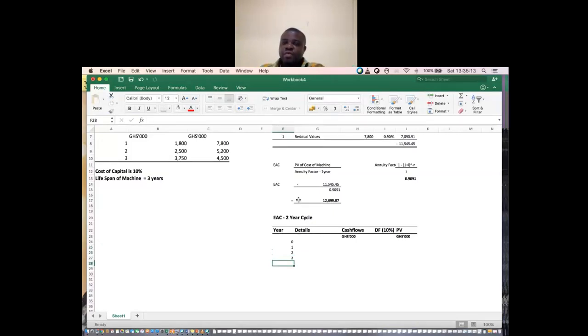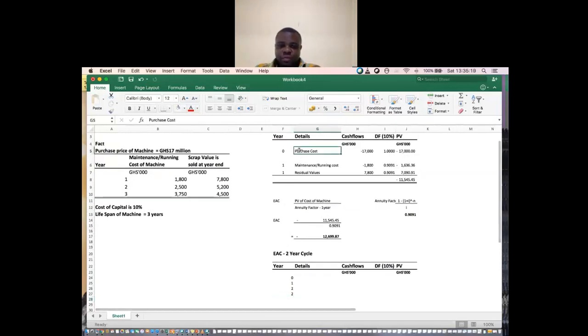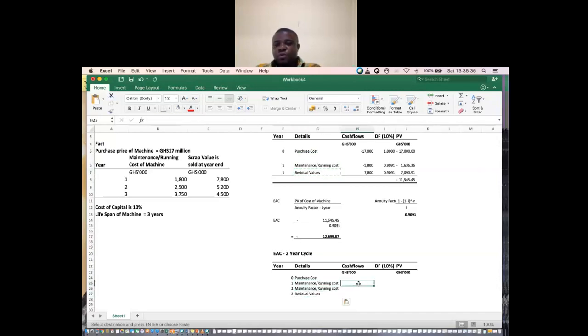So the 0 will be the purchase cost, which is that. We have the maintenance cost, which will be 2: maintenance for year 1, and then the other one for year 2. Then you have the residual value for year 2. So what that will mean is that we are going to have the purchase cost of 17 million.